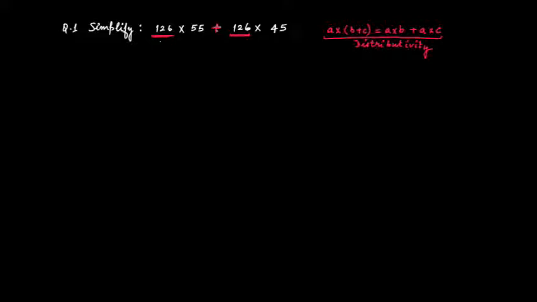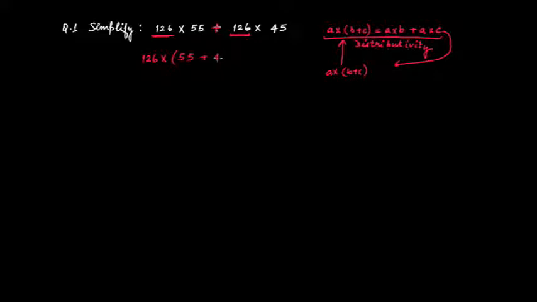With this expression, you can take A common, since A is at both places, and it would be (B plus C). In this question also, 126 is the number on both places, and therefore it would be 126 times (55 plus 45).